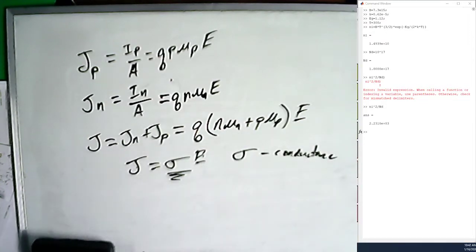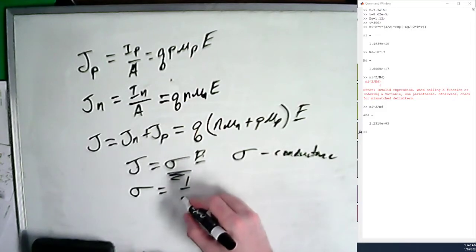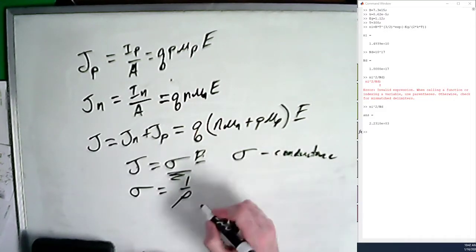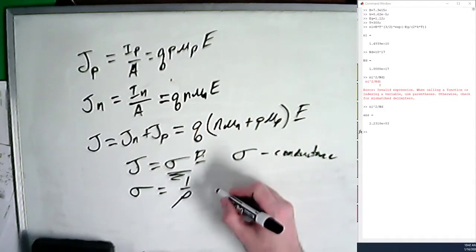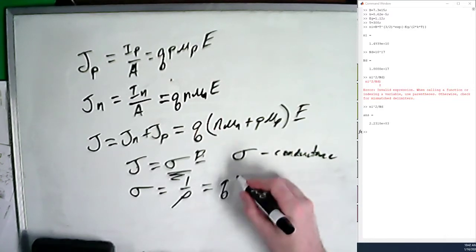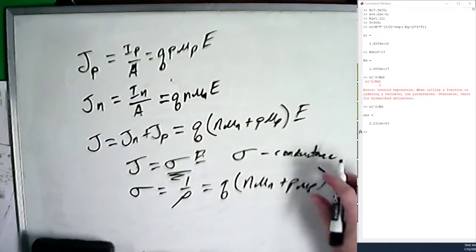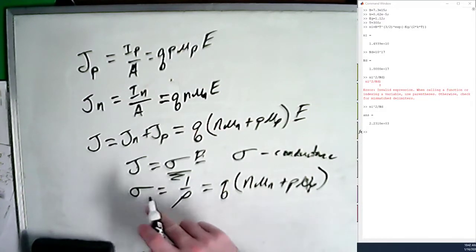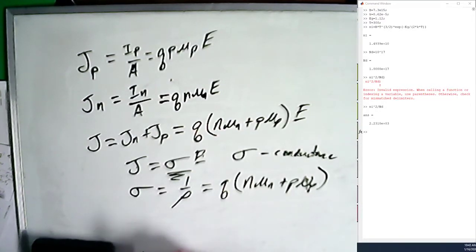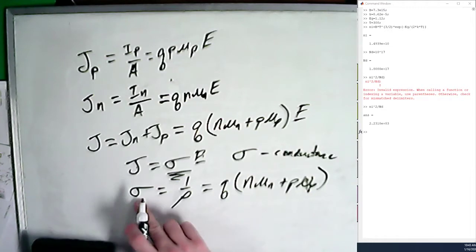And that's getting into some familiar territory for a lot of you, or hopefully for everyone. So sigma is equal to 1 over rho, where sigma is conductivity and rho is resistivity, and this is just equal to q times (n mu_n plus p mu_p).